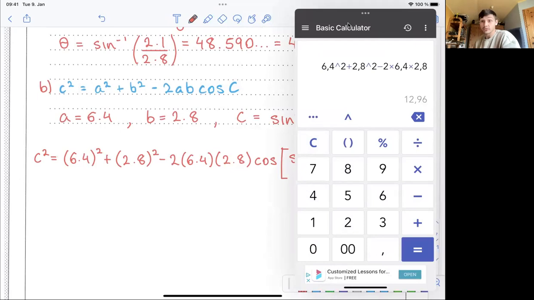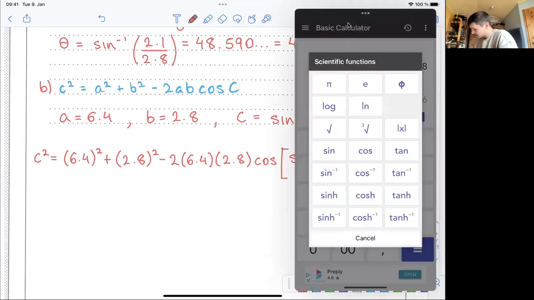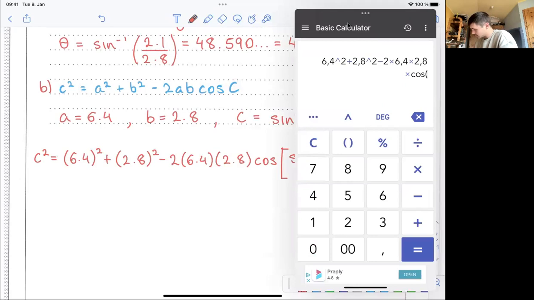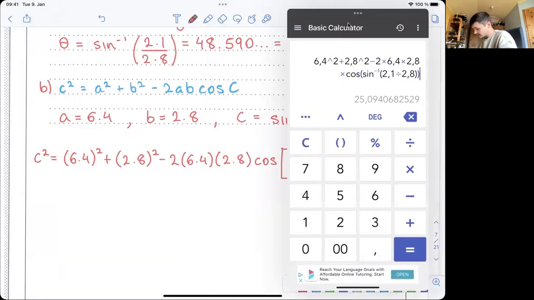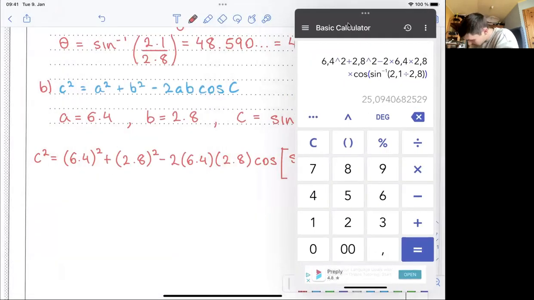Now I know your calculators will probably let you bring an answer carried forward, and you can just put answer. Unfortunately, this calculator is not as fancy, so I'm going to have to go somewhat the long way and say, what was that again? 2.1 divided by 2.8. Boom and boom. Cool.